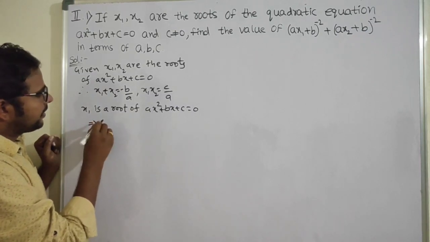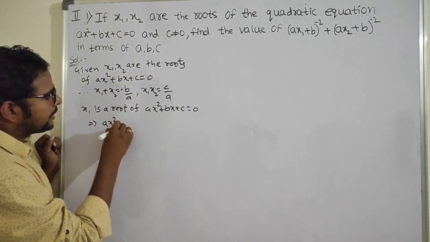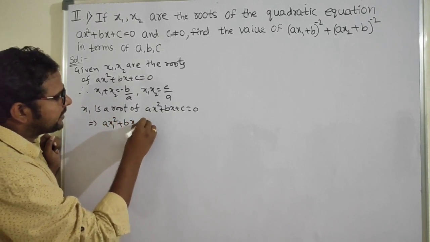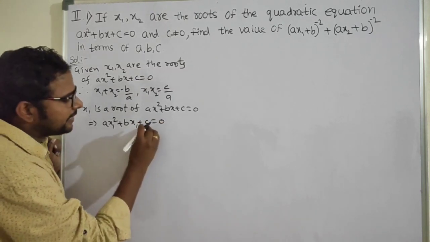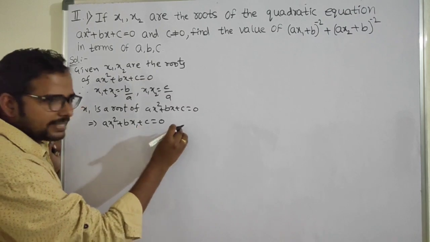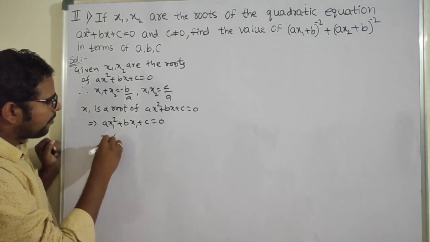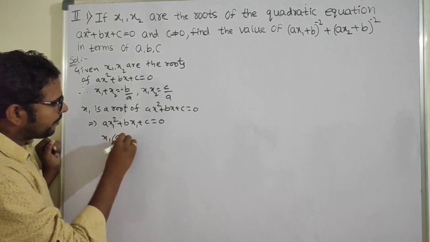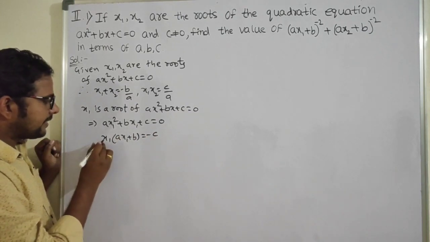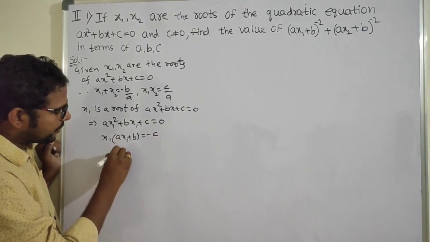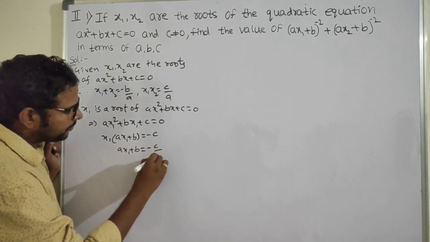This implies ax1 square plus bx1 plus c equals 0. So send c to the right side, plus c becomes minus c, and take x1 common. Remaining, ax1 plus b equals minus c, and send x1 to the right side. So ax1 plus b equals minus c by x1.